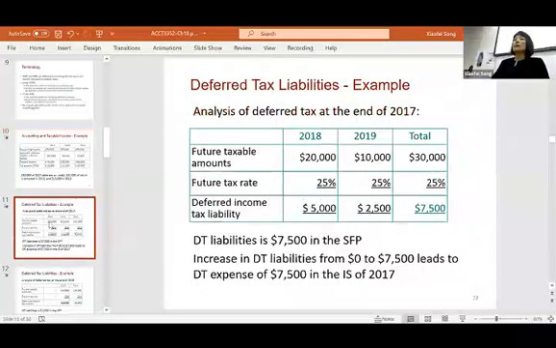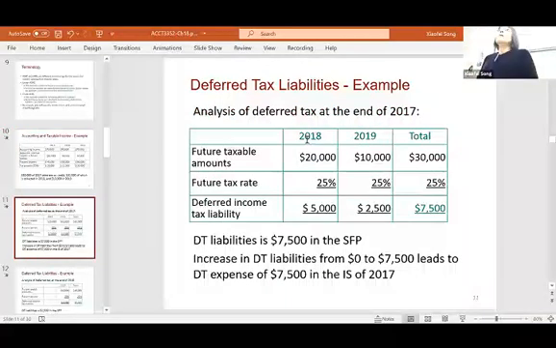So first, let's look at the deferred tax at the end of 2017. We do it one year at a time. So what do you do? This is what you do. At the end of 2017, because we're talking about the taxable difference in the future, right? So for the future years we need to investigate, it would be these 2 years, because the temporary differences will be reversed in those 2 years.